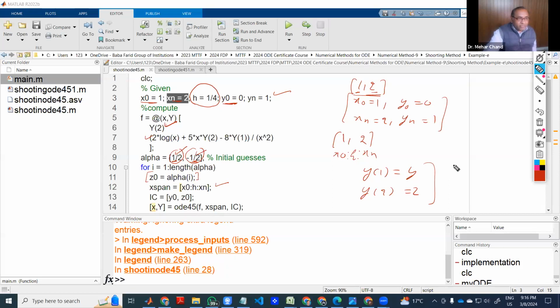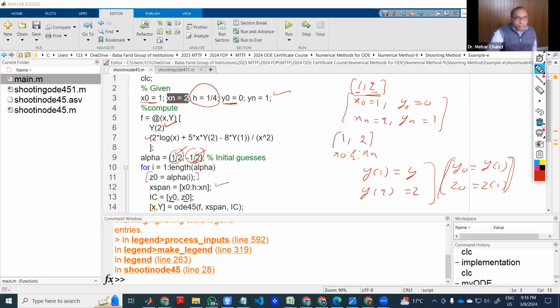One is y naught, which is y1, and the other is z naught, which is z1. These initial conditions are stored at this place. You can see y naught and z naught. So these are the values which we have corresponding to these initial value problems.